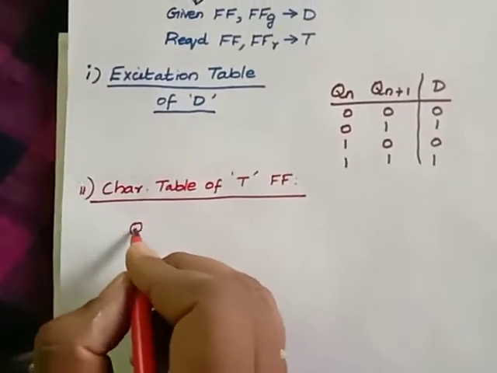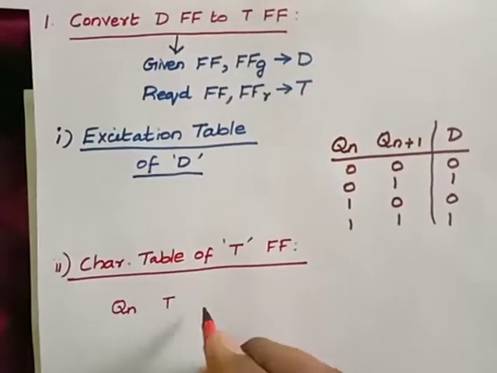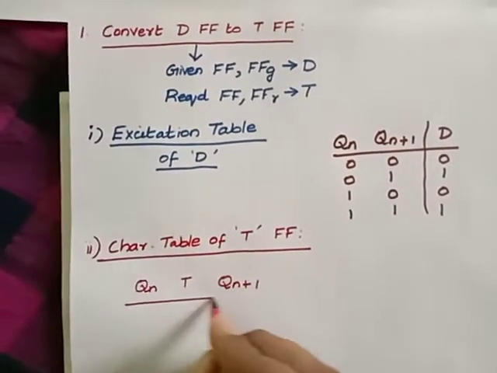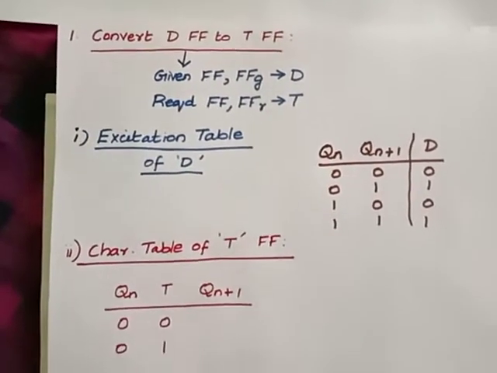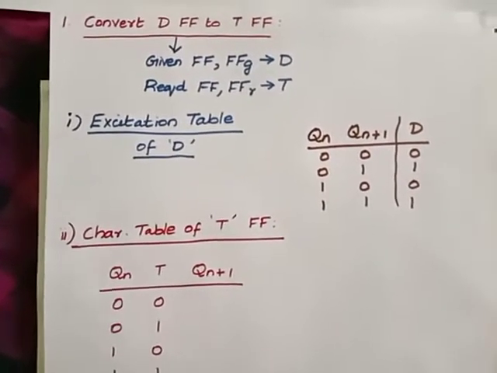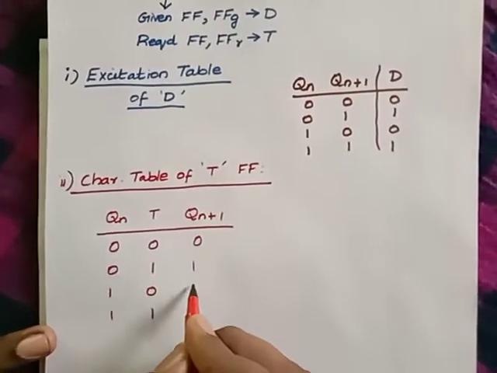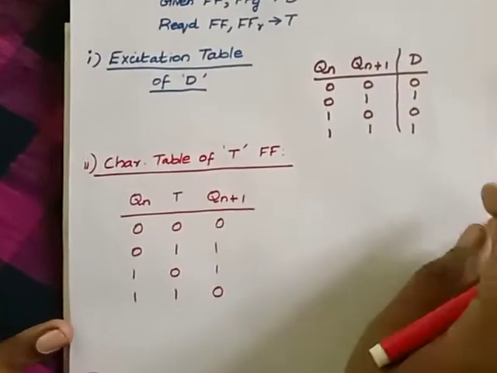You will have first the present state Qn, then T, and then the last one is Qn plus 1, correct? 0 0 0, 0 1 1, 1 0 1, 1 1 0. We know that for T flip flop, T equal to 0 is no change, and T equal to 1 is the toggle condition. I hope you remember this is a T flip flop.